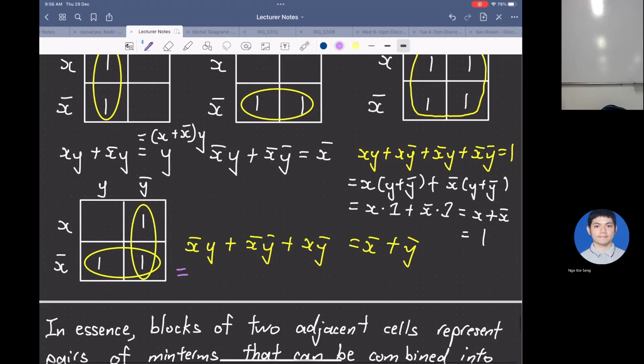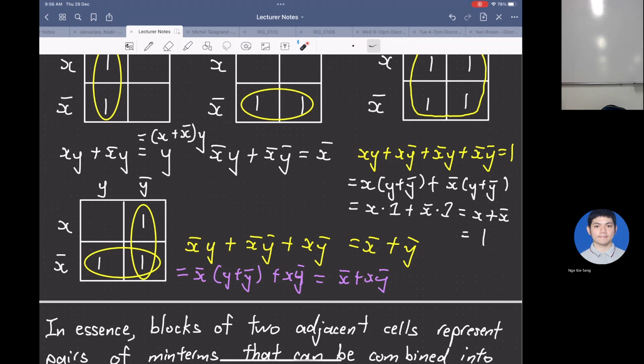He said, I use algebra, I got x bar y plus y bar plus x y bar, which is equal to x bar plus x y bar. So how do I get x plus y bar here? Does it mean x equals 1?